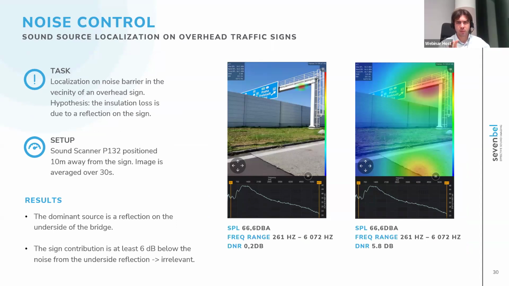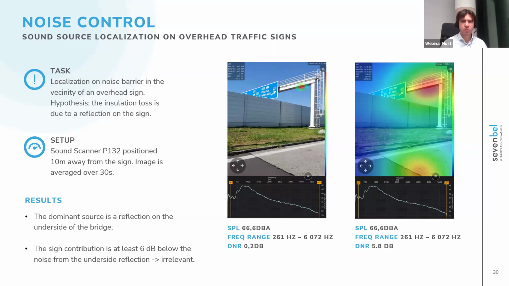So from the point that we are looking on, this acoustic barrier is very effective all along this highway, but seems to lose a lot of its efficiency at this point, near this overhead traffic sign and bridge. And so the main hypothesis was that road traffic noise was being reflected on the sign and then coming through these residences.